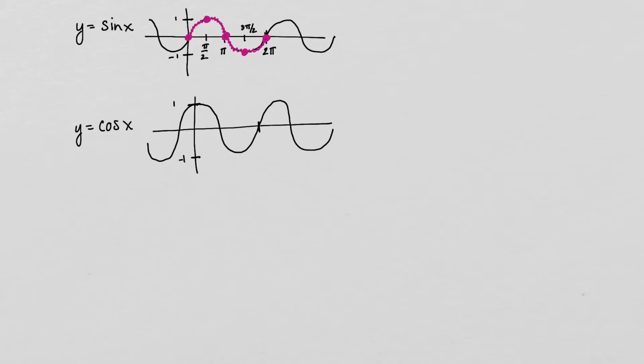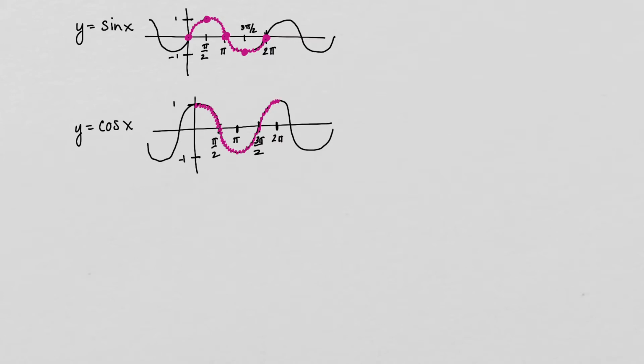We have to go back to, that's an okay spot to have labeled, but remember we have to go back to where we started, so it's got to come up here. So 2 pi, the middle here is pi, this point here is pi over 2, and this point here is 3 pi over 2. When we're talking about the cosine graph, the part that we want to concentrate on is one complete wave.